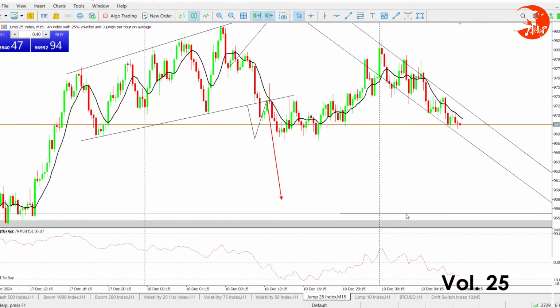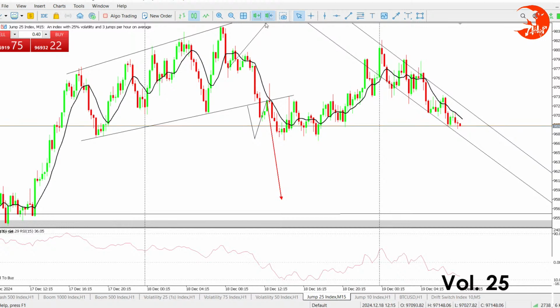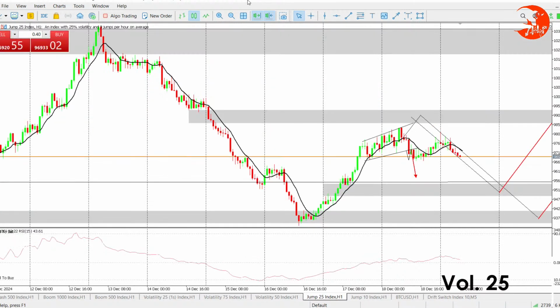So this is jump 25. I don't remember when I did this. Let me check. Yes, we were looking for price to reach there and come in stronger with the sell.